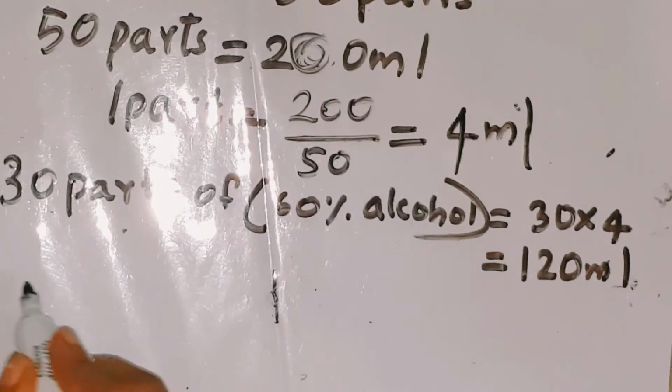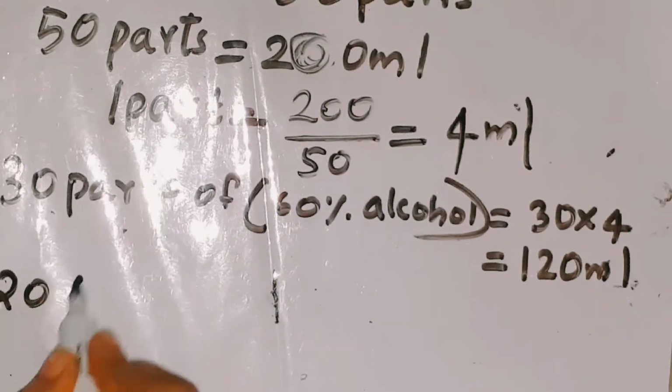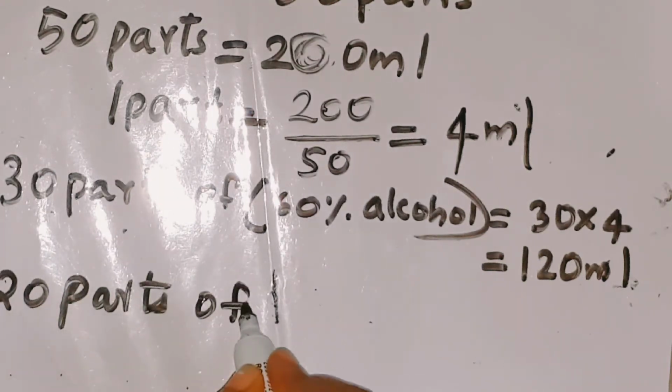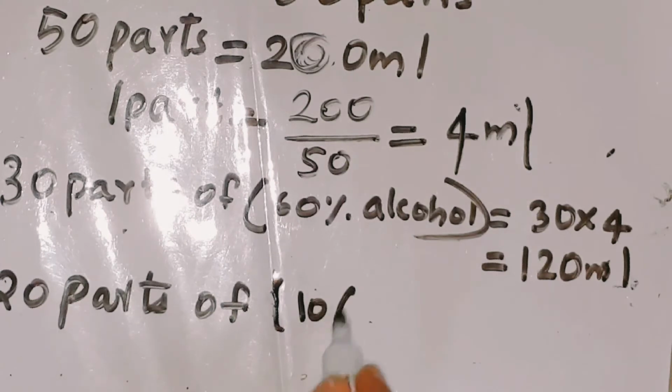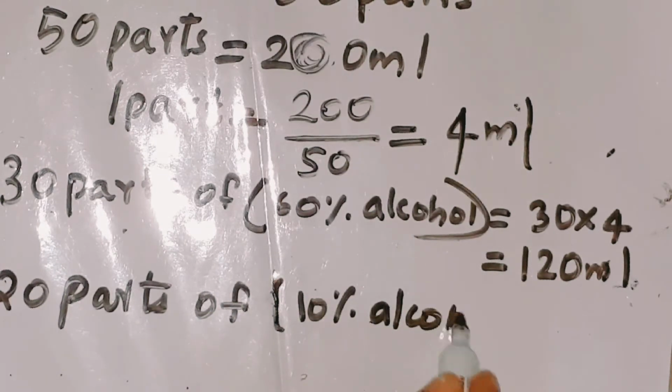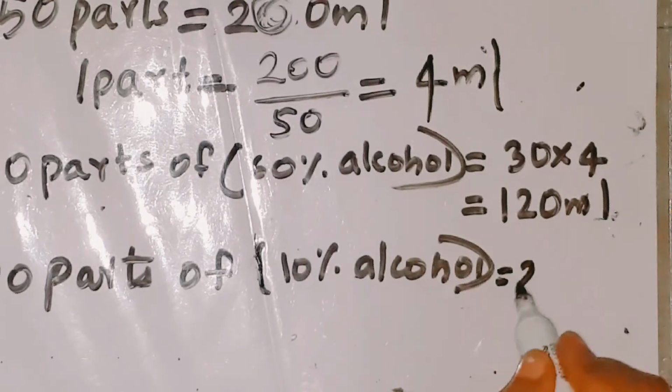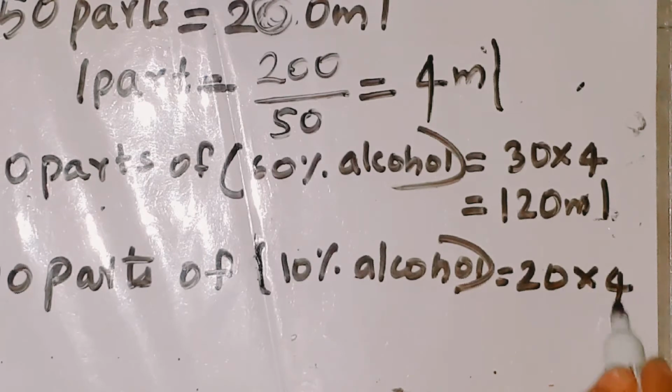So 30 parts of 60% alcohol is 120 ml. Now 20 parts of 10% alcohol. Again, one part is 4, so it is 20 multiplied by 4, which would be equal to 80 ml.